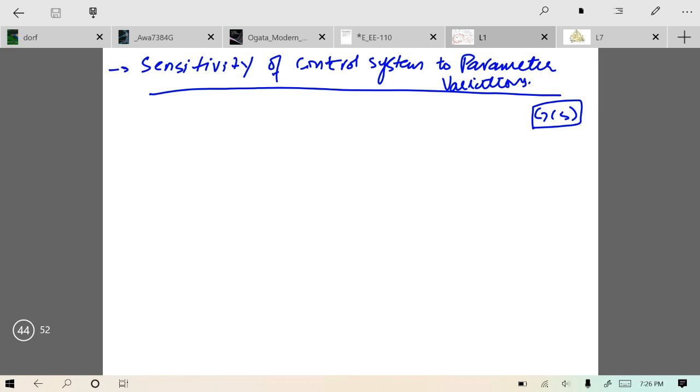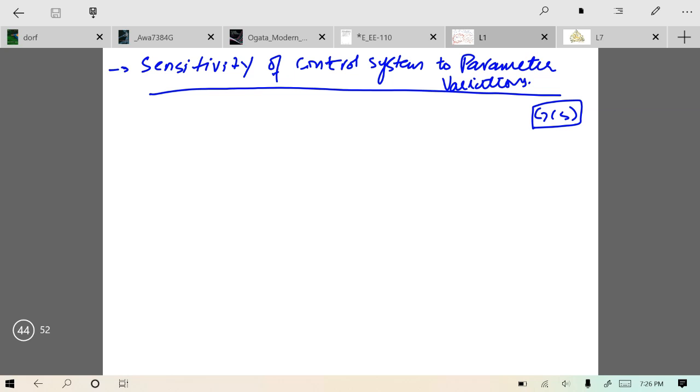Whenever your G of s changes, if your output has no effect from a small change in G of s, then you can say that your system is not that sensitive. However, if your temperature changes and G of s changes and subsequently your output changes, then you can say that you have a sensitive system.